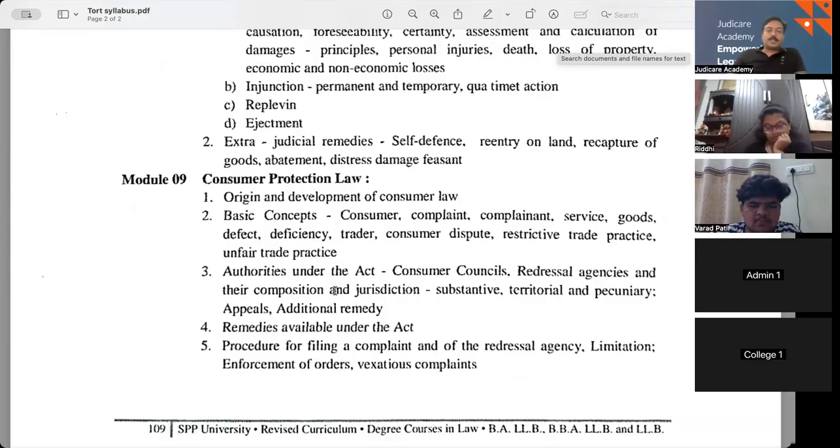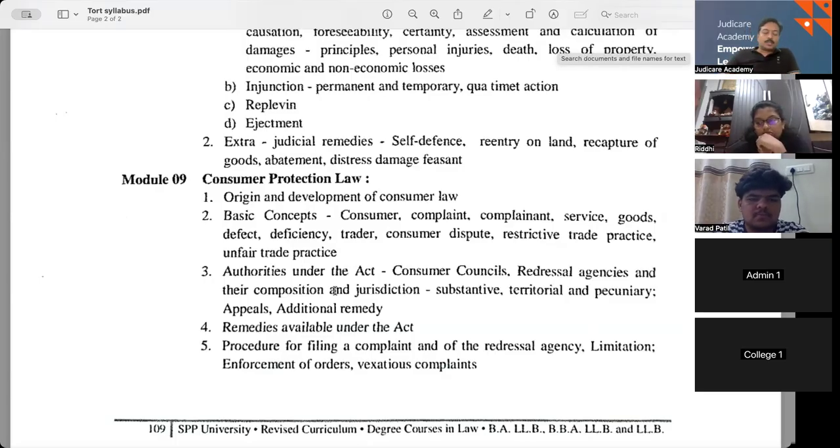Then consumer dispute was a term which was brought in, which is a very big change in the landscape of consumer laws, where a dispute between a consumer and a trader regarding the quality, cost, or safety of a good, or many other such attributes which I mentioned at the start of the discussion about the origin and development of consumer law.